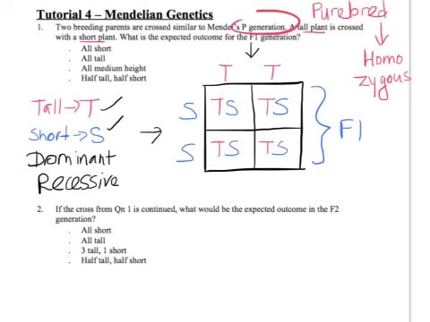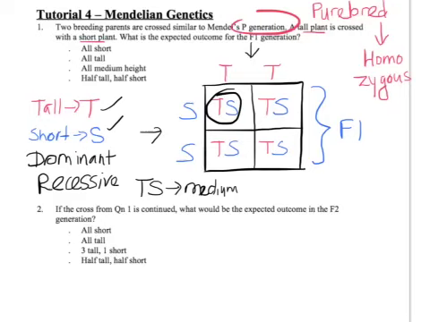So say for example, example 1, looking at the F1 generation, it's TS. Say both of them are dominant. Then the alleles are going to compete with each other, and the outcome is going to be medium height. Not tall, not short, somewhere in between.